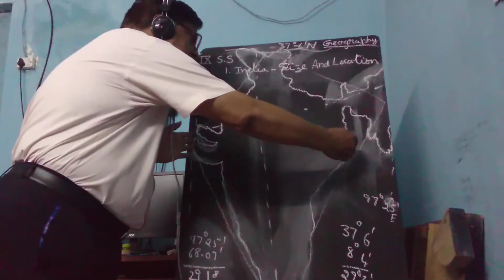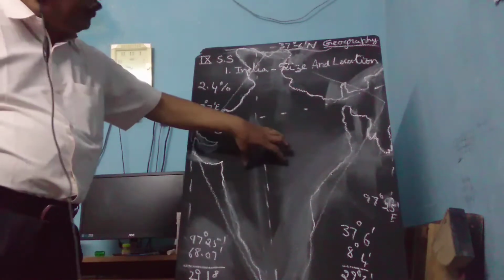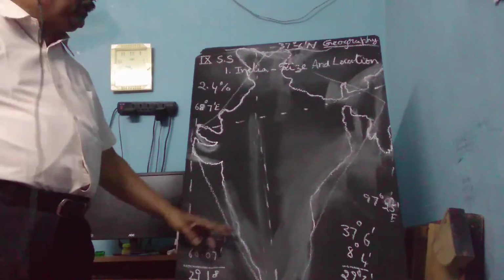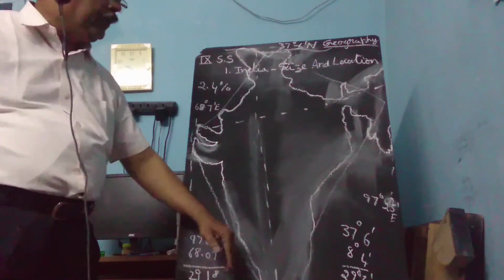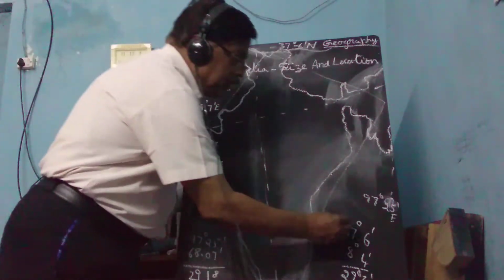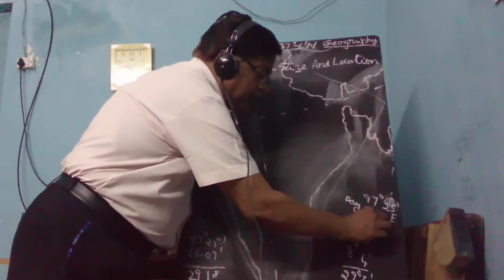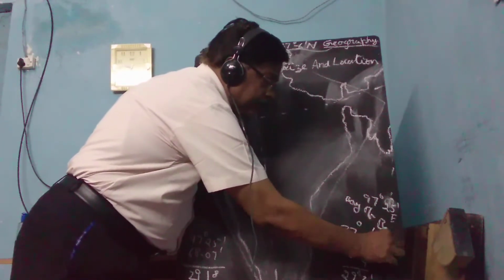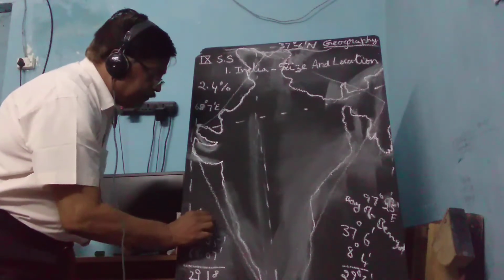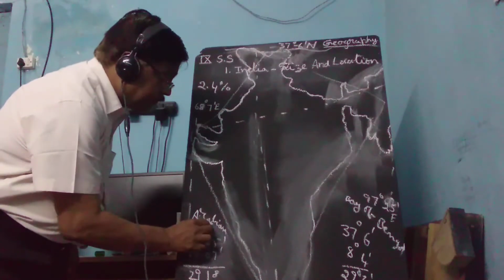See, what is the shape of peninsular India? It is protruding into the Indian Ocean. It is dividing the Indian Ocean into two channels. One is this, the Bay of Bengal, and another one is the Arabian Sea.